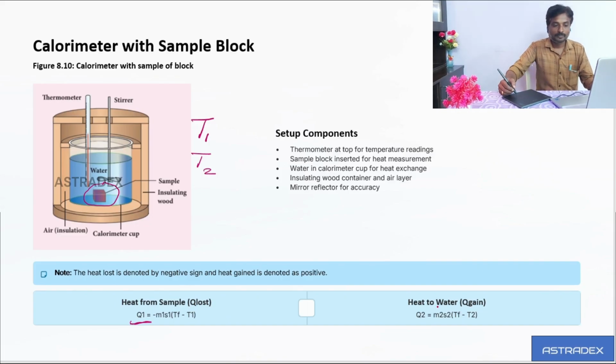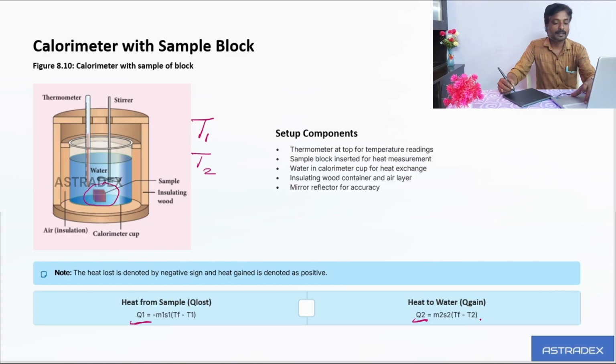The heat gain by the water is denoted as Q2, given by the specific heat capacity formula. So Q2 is equal to M2 S2 into Tf minus T2.